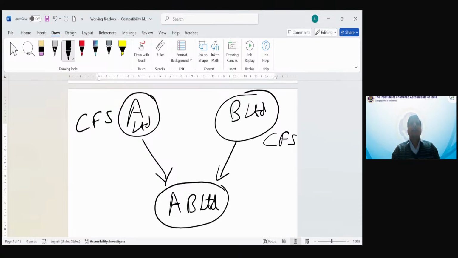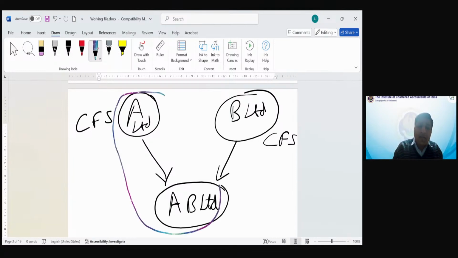And when they prepare the CFS, what will A Limited do? A Limited will consolidate A Limited and AB Limited. Similarly, B Limited will consolidate B Limited and AB Limited.